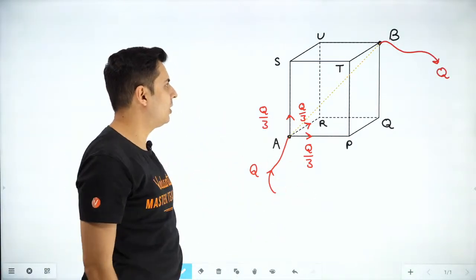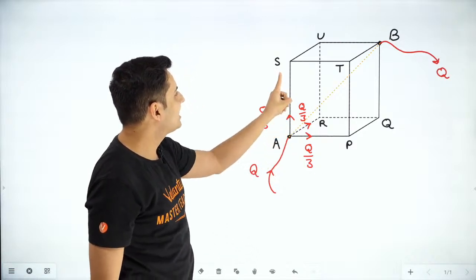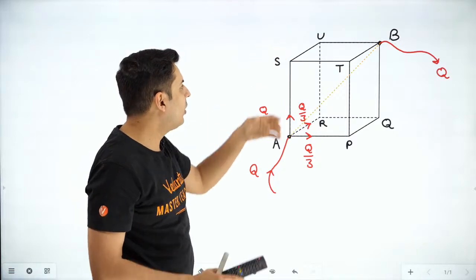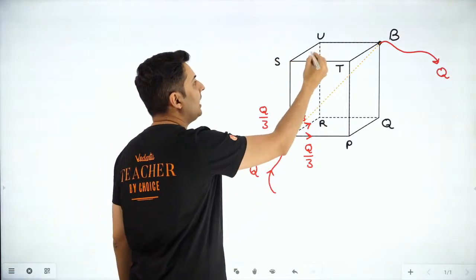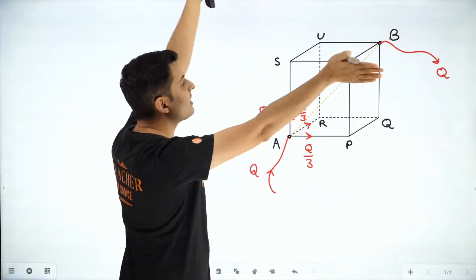Now, yes, you're going to learn all the alphabets. Very good. Now, when this Q by 3 charge comes here, again it has 2 options, but both these options are equal.